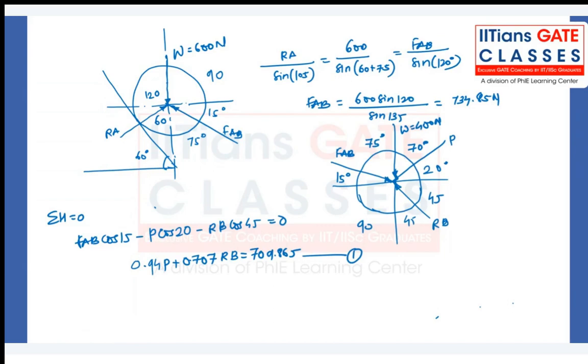Then summation of all vertical forces equal to 0. Then you will get minus, W is acting downward, minus 400, minus P sine of 20, minus FBA sine of 15, plus RB sine of 45 equal to 0.